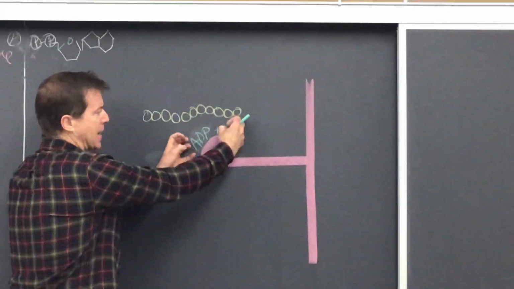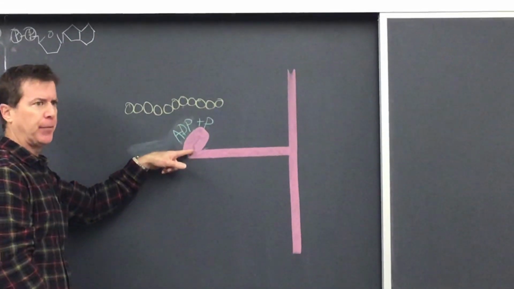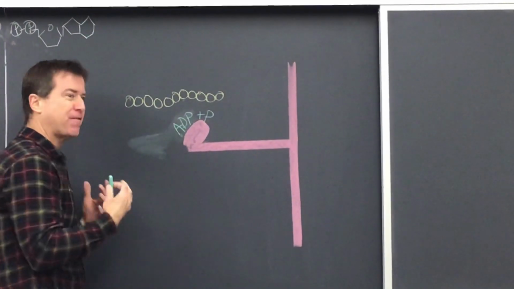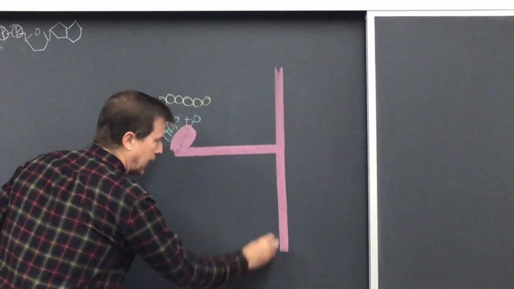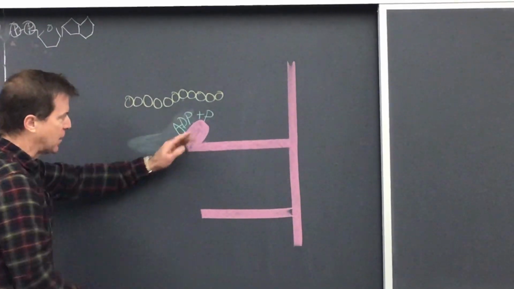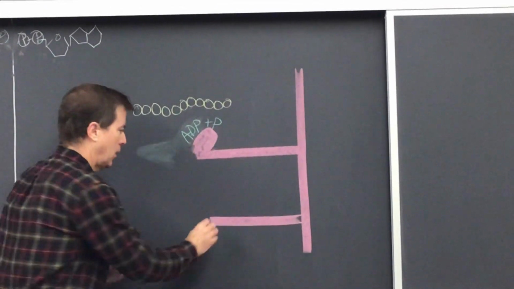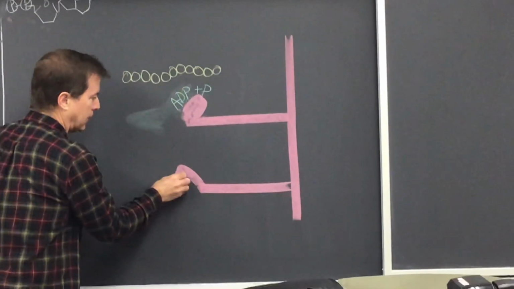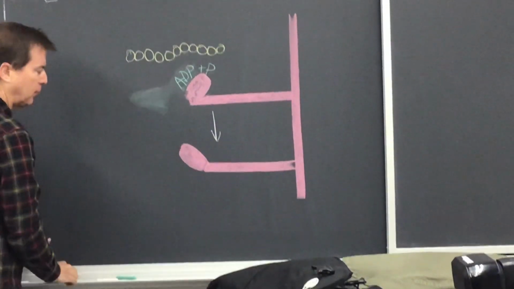But when we break here, it transfers energy to here. What happens physically when we do that is this myosin head goes from this position to this position. So I'm going to draw that with a little arrow pointing down.